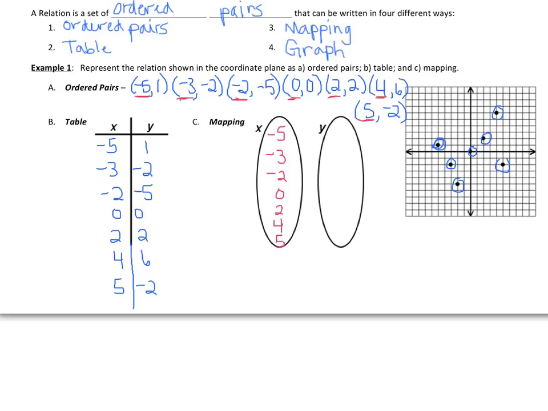Okay, now let's look at our y values. We have a positive 1, we have a negative 2, we have a negative 5, 0, 2, 6, and negative 2. So we're going to write those from least to greatest. So if you look at all of those y values, the lowest y value is at negative 5.